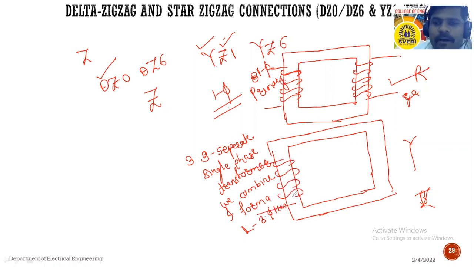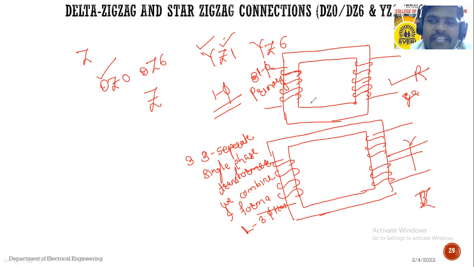On the secondary side of each phase, it will contain 2 separate windings. Then we can form a zigzag connection. That means on the secondary side there are 2 separate windings having the same number of turns. So this is one winding. Similarly, this one is the other winding.